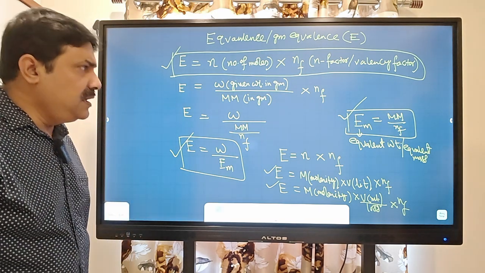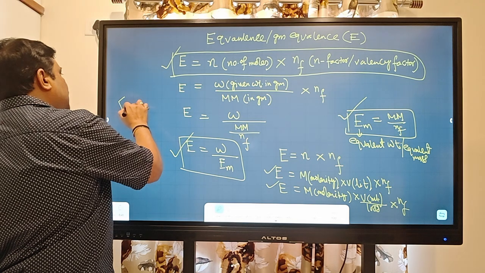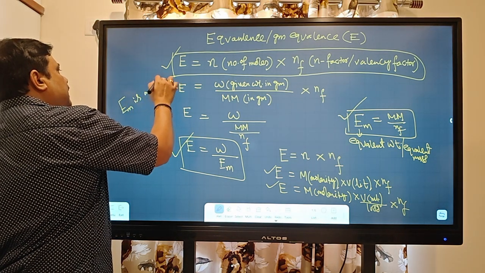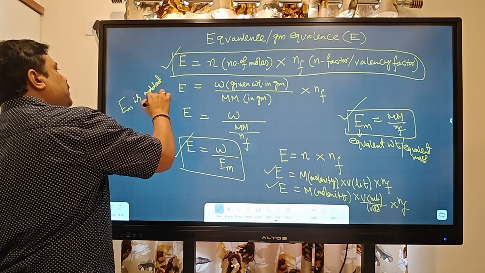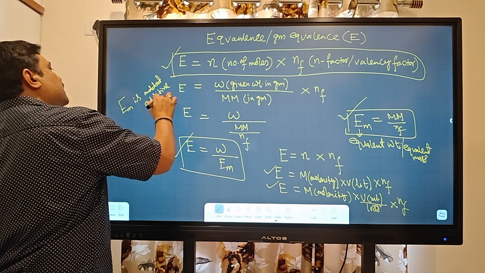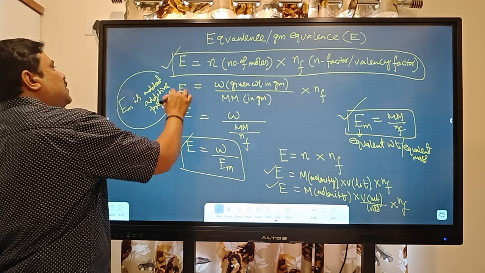And always remember, equivalent mass is an additive property. This point you remember.